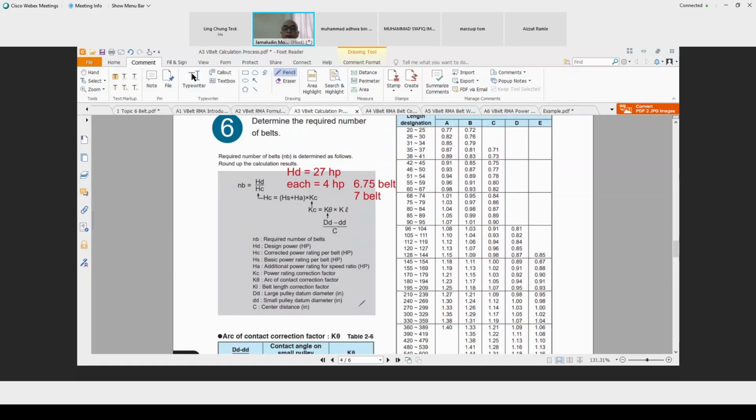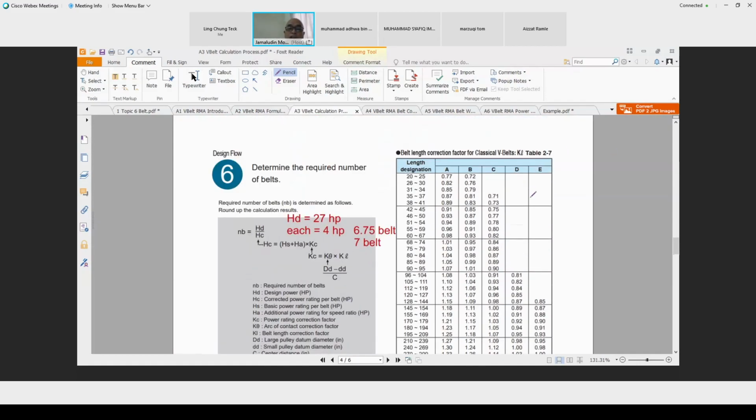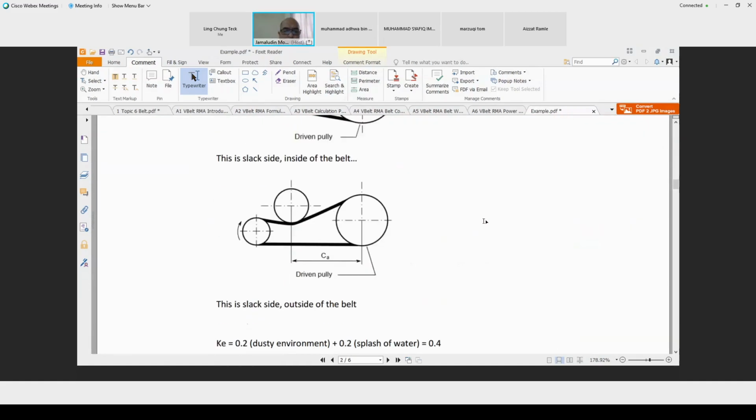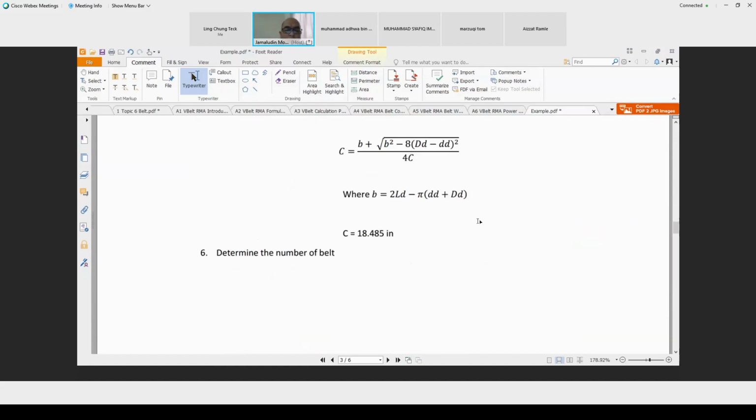However, for the KL, it is based on the length of the belt. The length is going to be 97.9, let me take that as an example. I'll double check: is the length going to be the length of the belt?